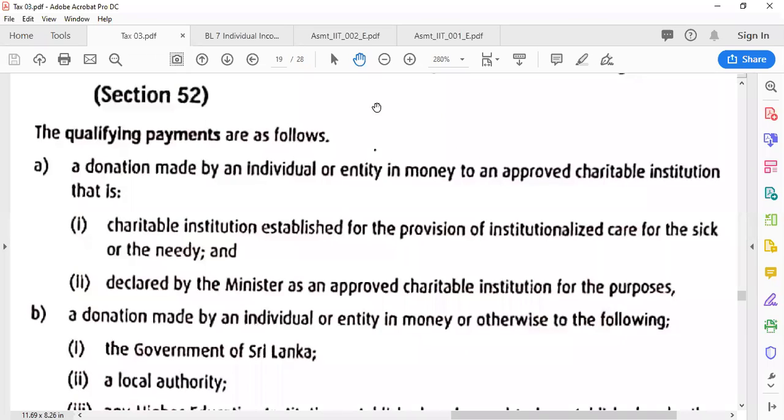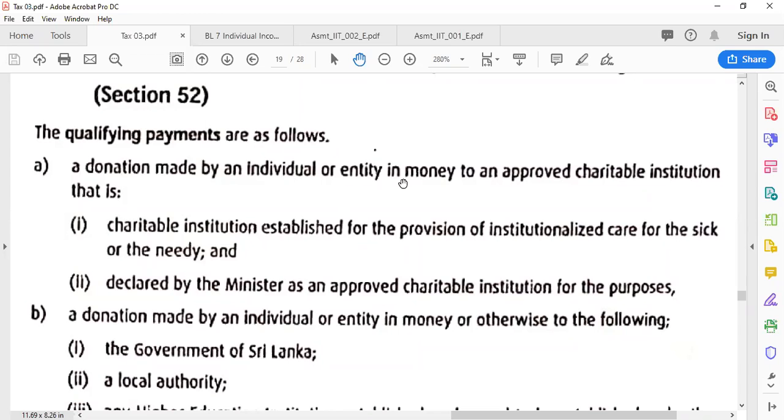You have to be very careful about that. The donation is made by an individual or entity in money. You have to give money. That donation only will be considered under qualifying payment. For example, there is a charitable institute which keeps orphans and elderly people.